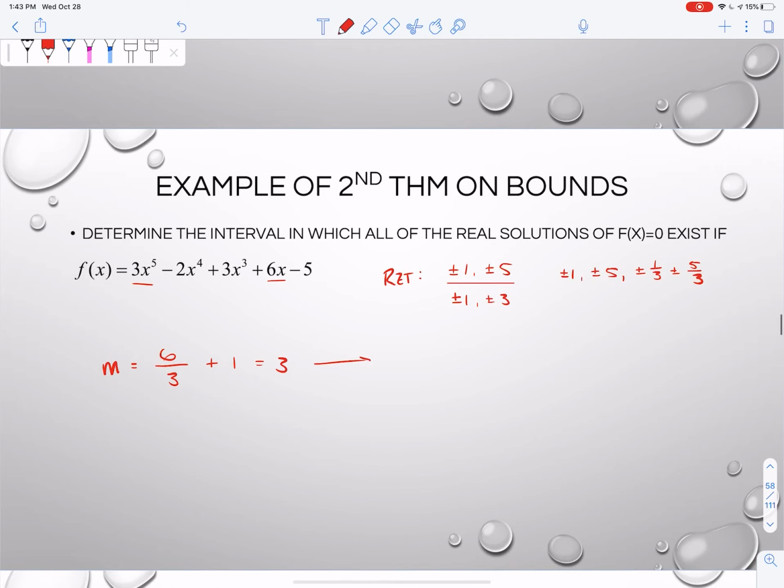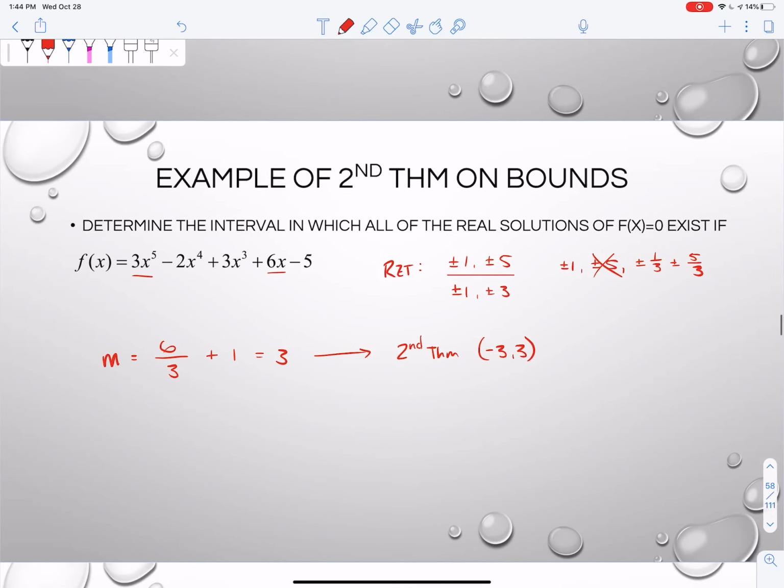What this tells me is that everything must fall in the interval from -3 to 3, and that interval is non-inclusive, okay? So right off the bat, I can get rid of plus and minus 5. I know from the second theorem on bounds that plus and minus 5 can't possibly be solutions of this particular polynomial. Again, I'm not going to go through and solve this one. I don't know for a fact that it solves nicely. These are just ones I have for example right now.